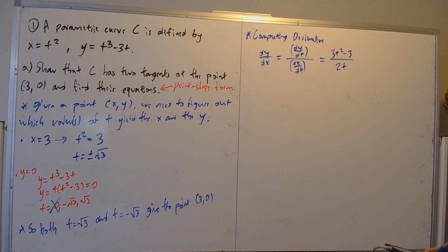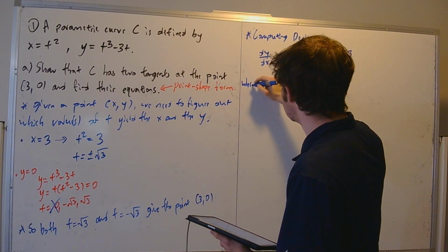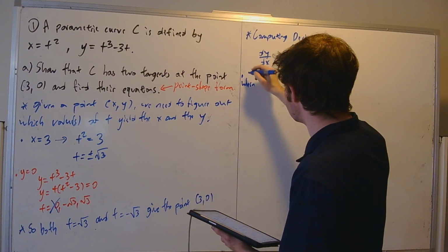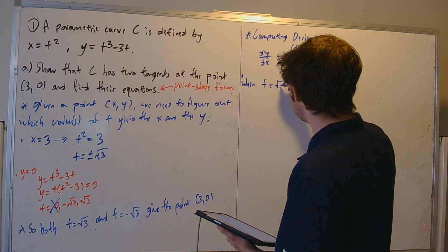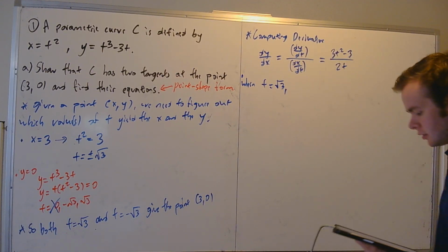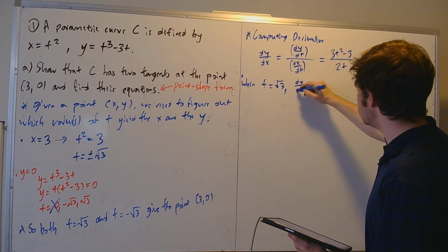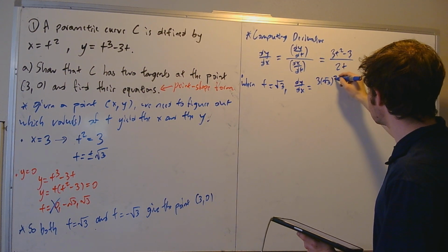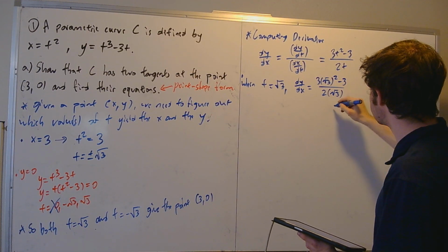So I'll say here, this is our first case. When t equals positive root 3, if we plug that into that equation, then dy by dx equals 3 times root 3 squared minus 3 over 2 times root 3.